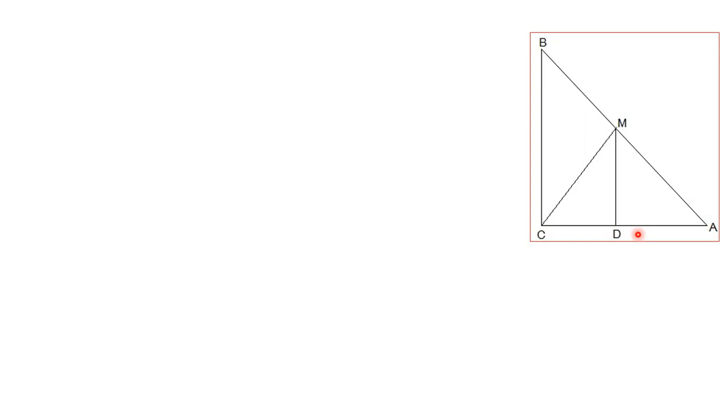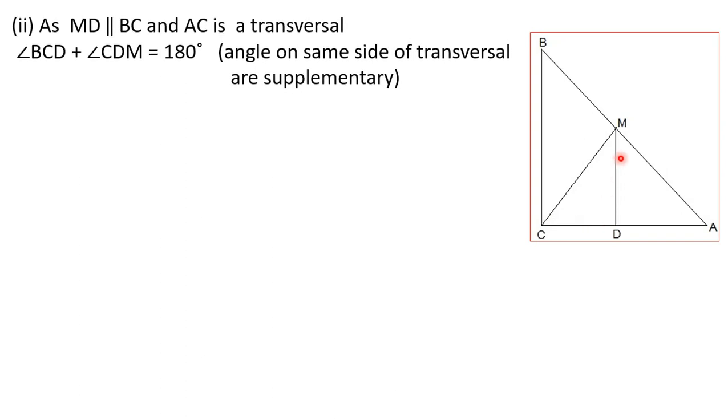So we can say the angles on the same side of a transversal, that is this angle D and this angle C, are supplementary. Or we can say if two lines are parallel and a transversal intersects them, then the angles on the same side of the transversal are supplementary. So we have angle BCD and angle CDM are equal to 180 degrees.